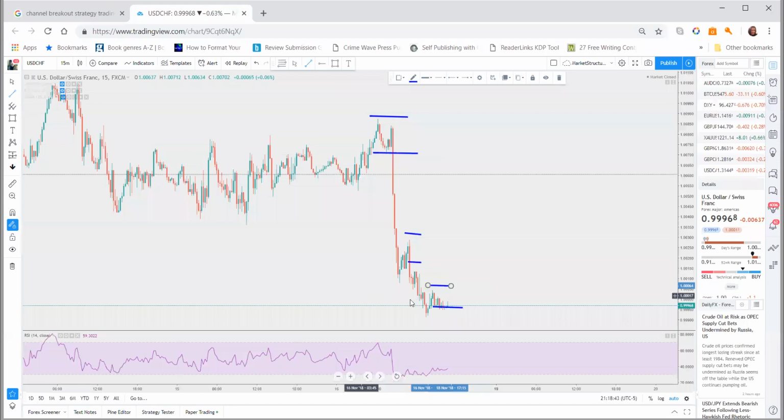Enough room for it to retest, because every time we get an impulse, we usually get a retest. So we had impulse, correction, continuation, flag, flag, flag, and it dropped hard.